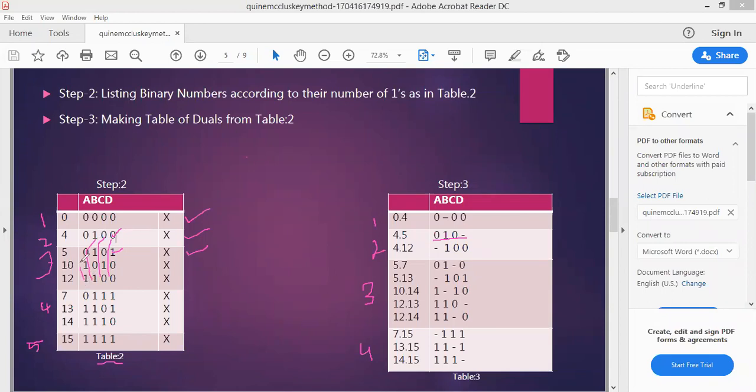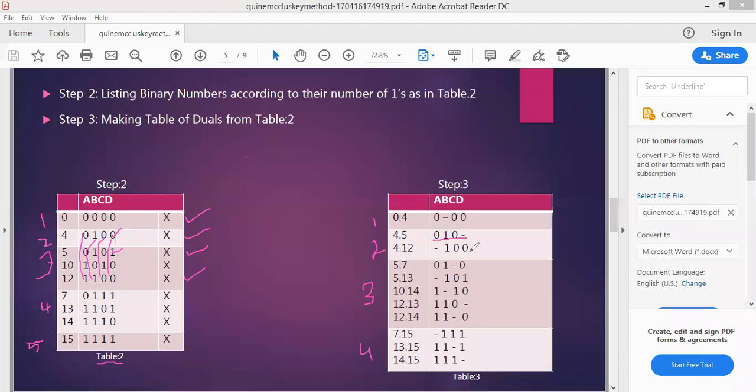The fourth has one difference, that is 1 0. So we will consider this grouping, that is 4 and 12, and I will mark 12 as grouped, and the difference is in position A. So I'm writing that as dash 100.